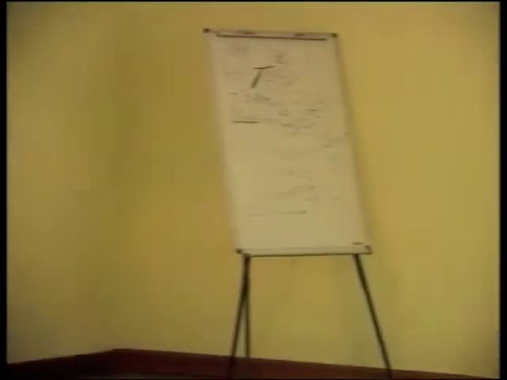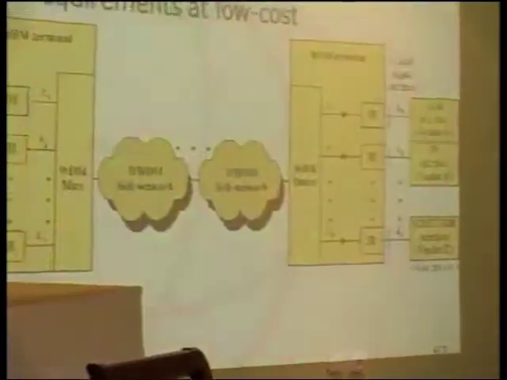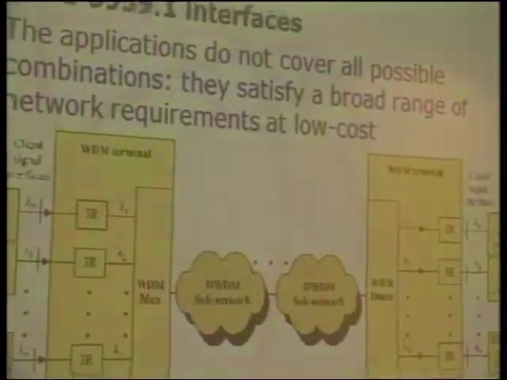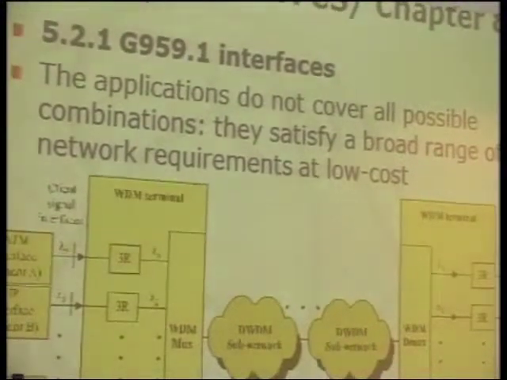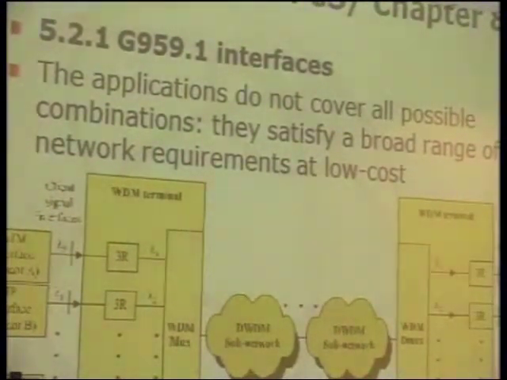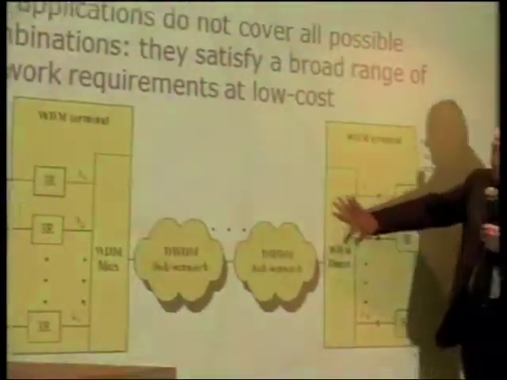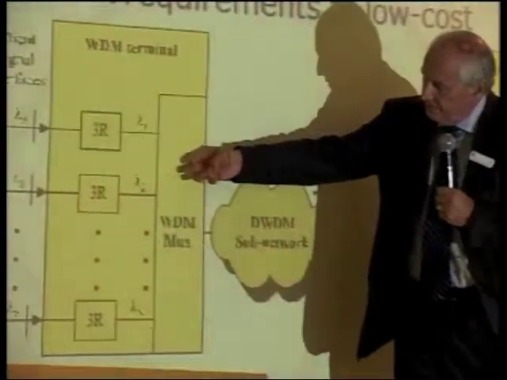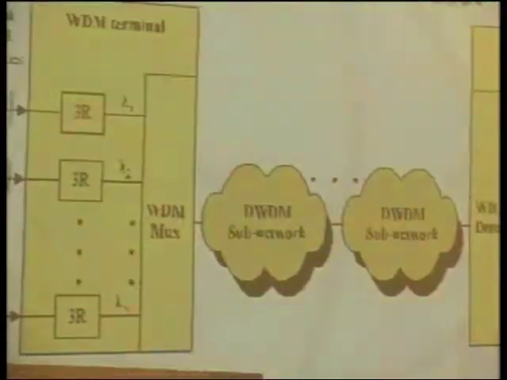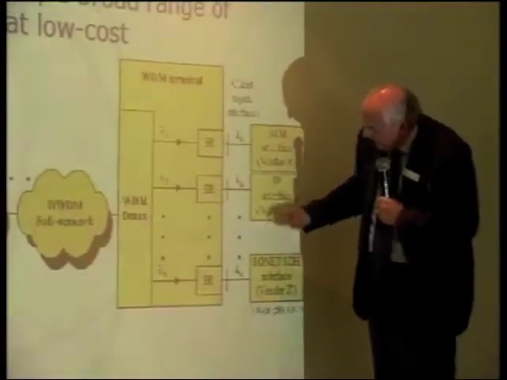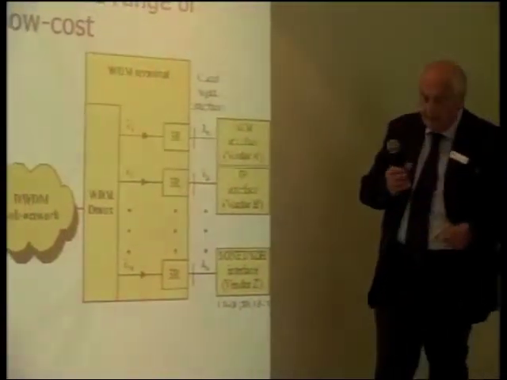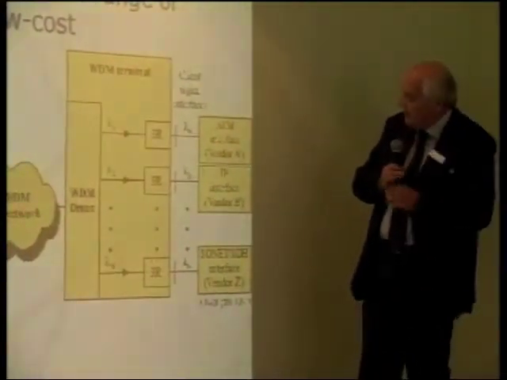This figure is not really clear. You can see a case of a single channel interface. What I mean by single channel interface is that you have a transmitter, a receiver, and the interface is given on the single client transmitter.